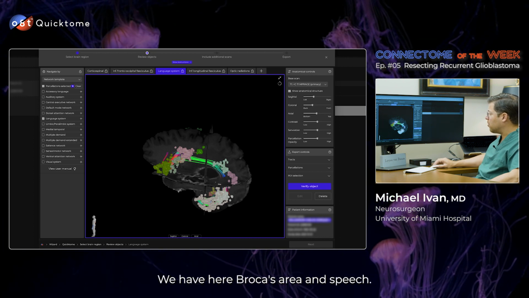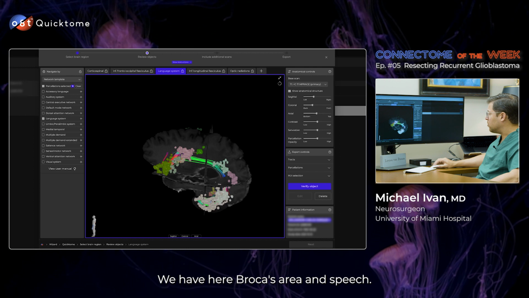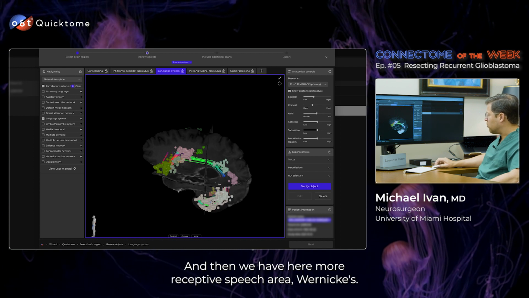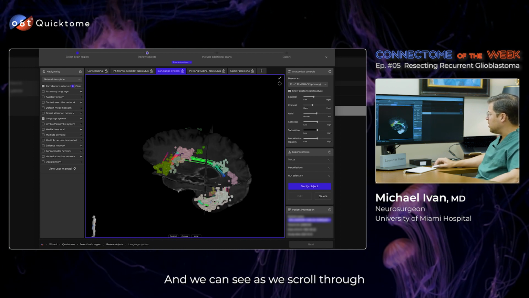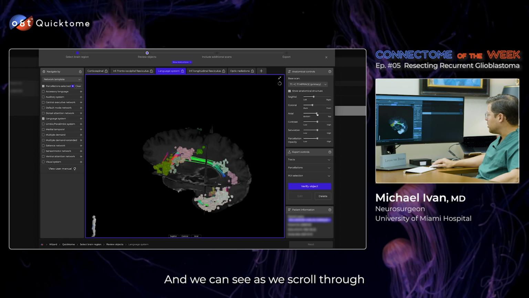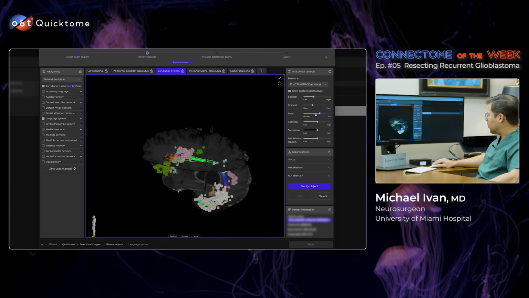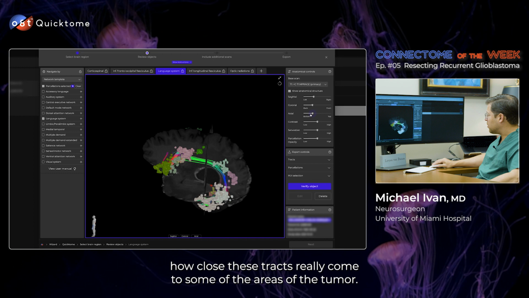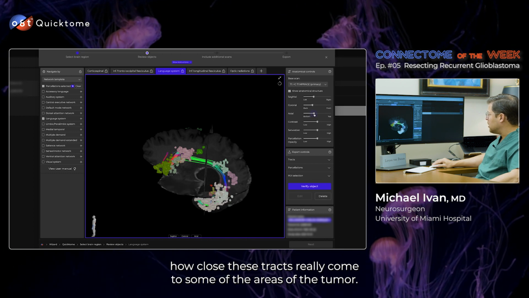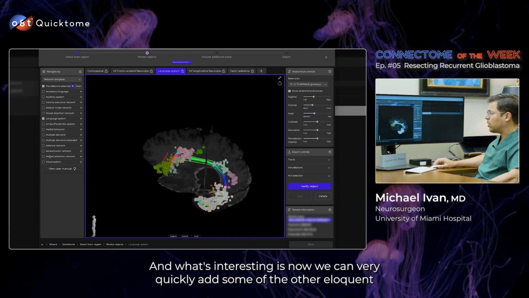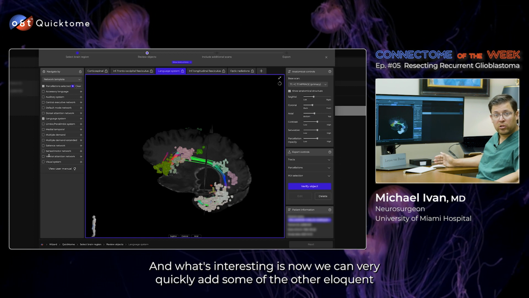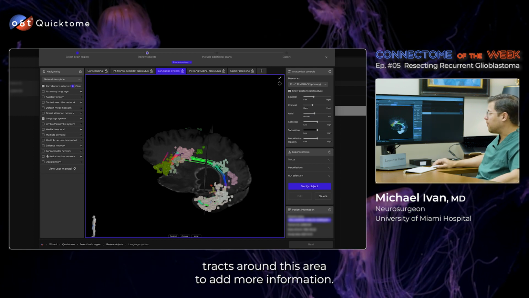We have here Broca's area and speech, and then we have here a more receptive speech area of Wernicke's. And we could see as we scroll through how close these tracts really come to some of the areas of the tumor. And what's interesting is now we can very quickly add some of the other eloquent tracts around this area to add more information.